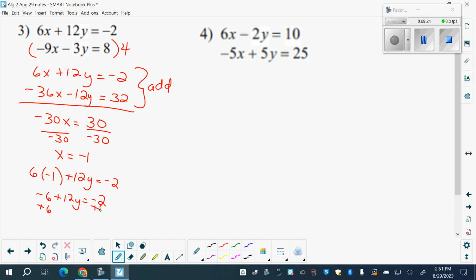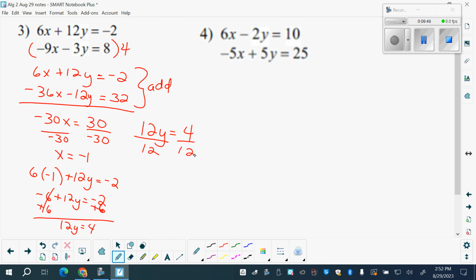Good. Okay. And then what? Good. And then what do we get when we divide both sides by 12?